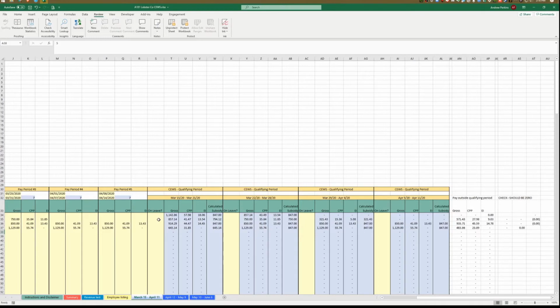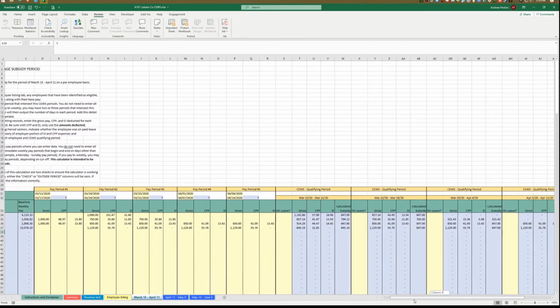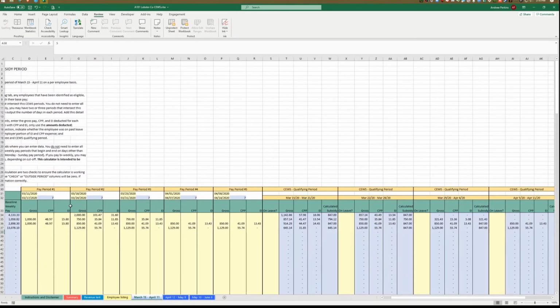If they do any work for you at all during that 7-day period, then they are not on leave with pay, and you cannot claim their CPP and EI. So that's an important thing to keep in mind for the periods that they're falling in.